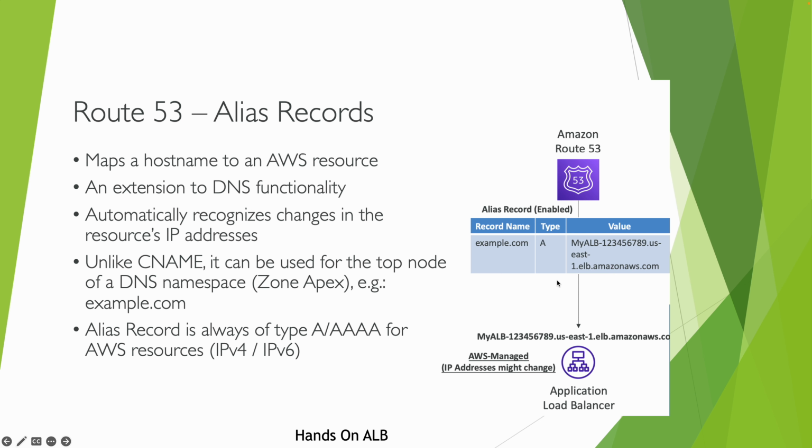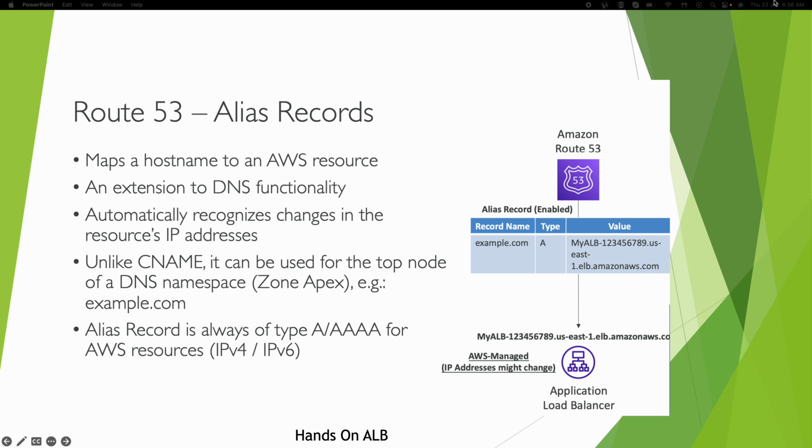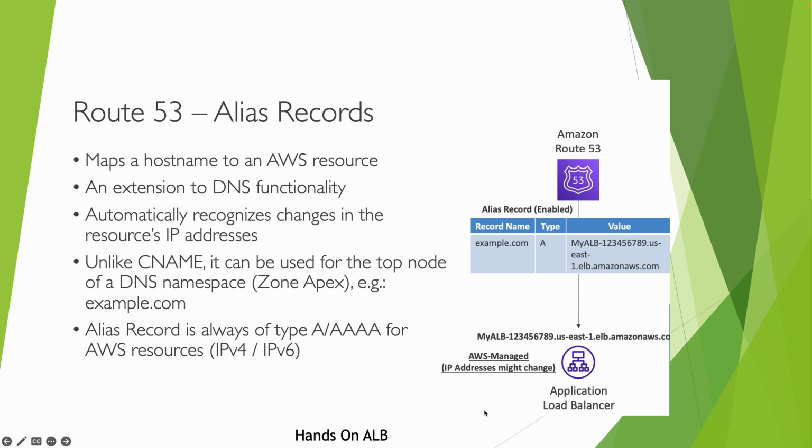So instead of providing an IP value, I can create an alias record and give the value of that particular AWS load balancer. The traffic coming to example.com will be redirected to this application load balancer, which is an EC2 AWS resource.